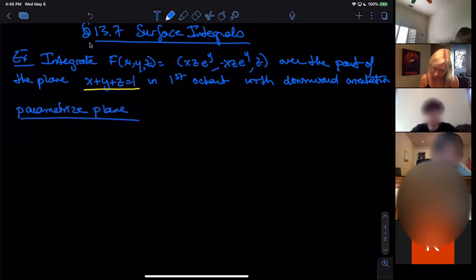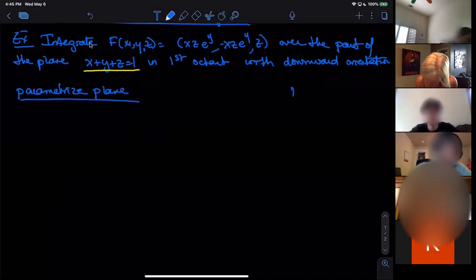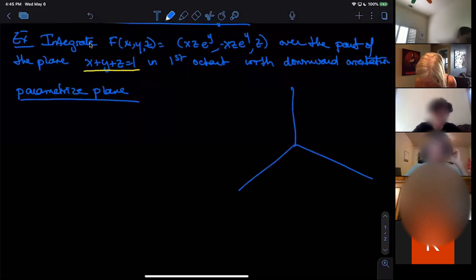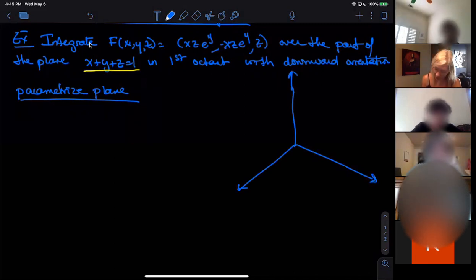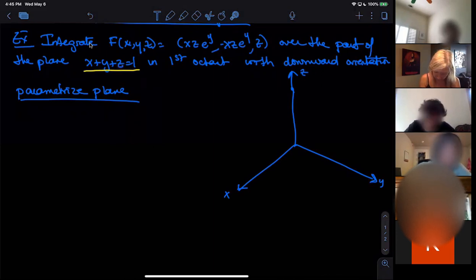Let's see, maybe we need a picture of that. So what's this going to look like? I have this plane x plus y plus z equals 1. Well, I'm going to think of the x, y and z intercepts. The x-intercept is when y and z are 0, and if y and z are 0, then x is 1.